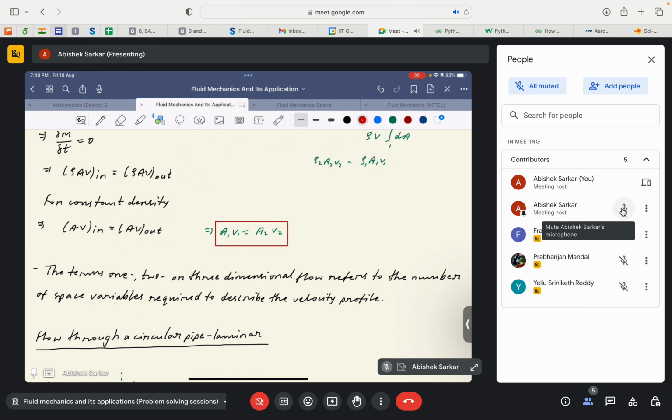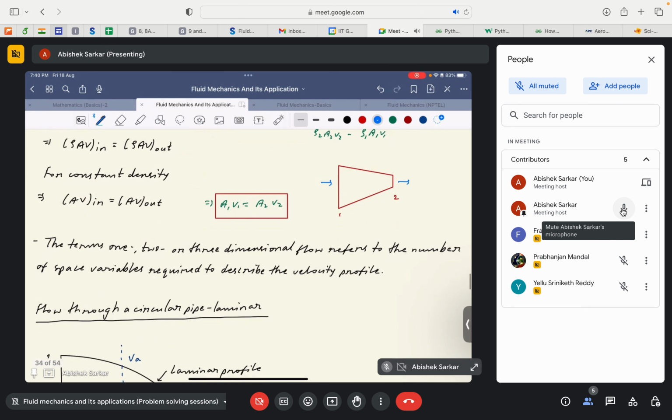Say we are dealing with a nozzle. A nozzle basically means that the outlet would have a smaller area than the inlet. The inlet is denoted by 1 and outlet is denoted by 2, and this is the direction of flow.